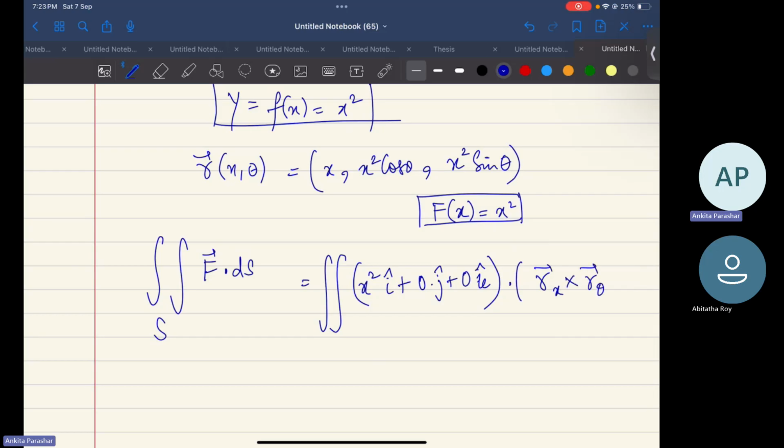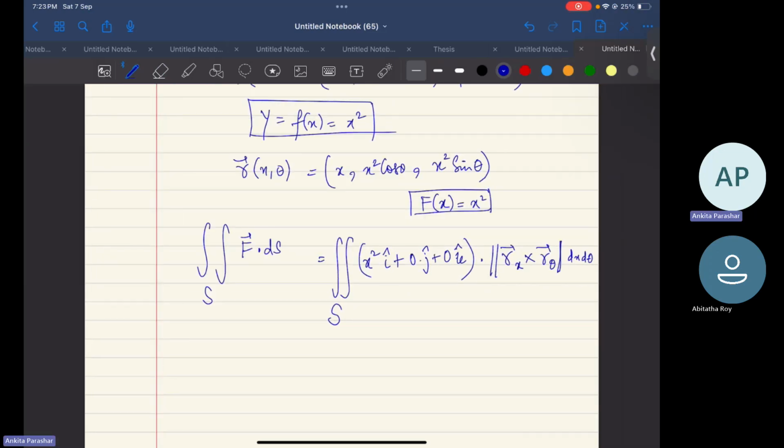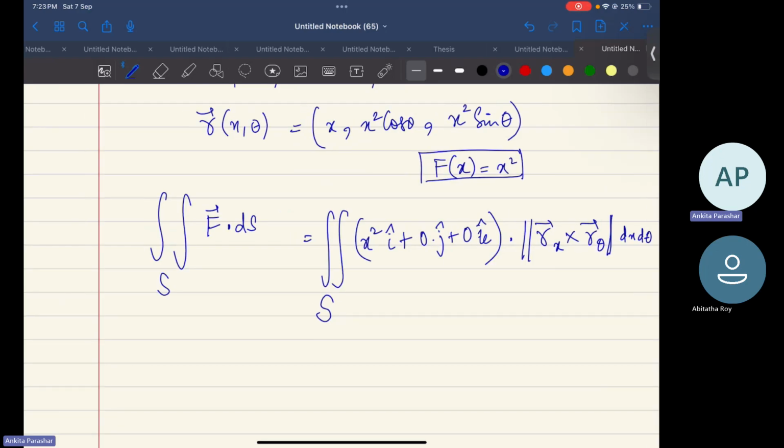These are the two parameters we have, x and theta, dx d theta, sorry, there is a norm over here, and then over the surface S. This was the surface integral we have been doing. This is the same formula, right?